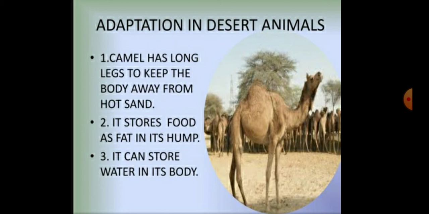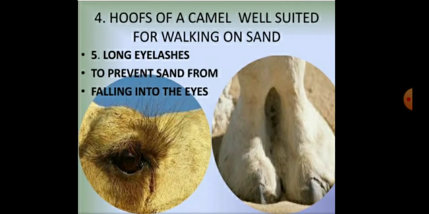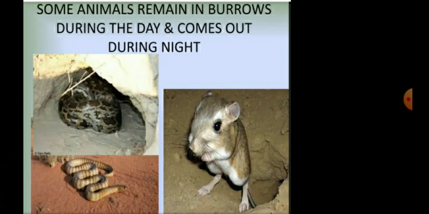So children, what are the adaptations in the desert animals? A desert animal like the camel has long legs to keep the body away from hot sand. It stores food as fat in its hump. It can store water in its body. The hooves of a camel are well suited for walking on sand, and the long eyelashes prevent sand from falling into the eyes.